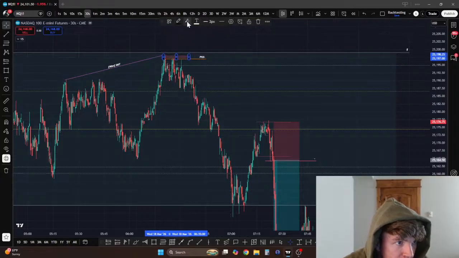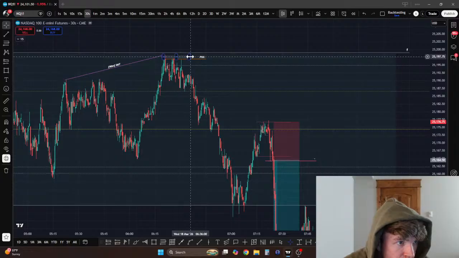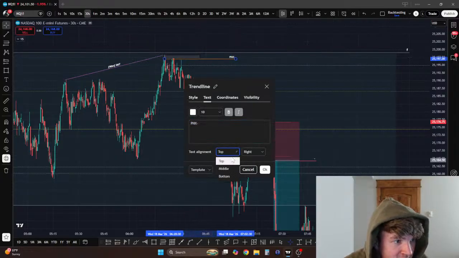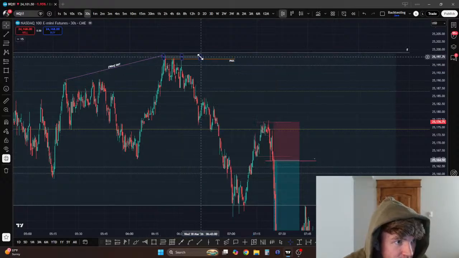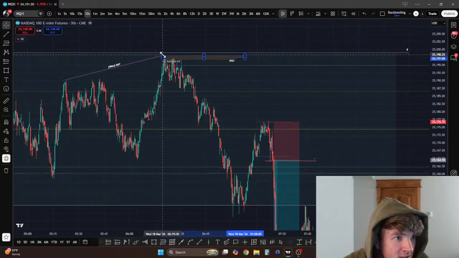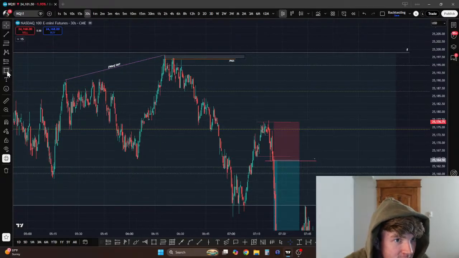Pretty cool. Not a realistic trade, but I just like observing stuff like this because it's just so cool to me. Imagine if you took this, trading the whole weekly range.